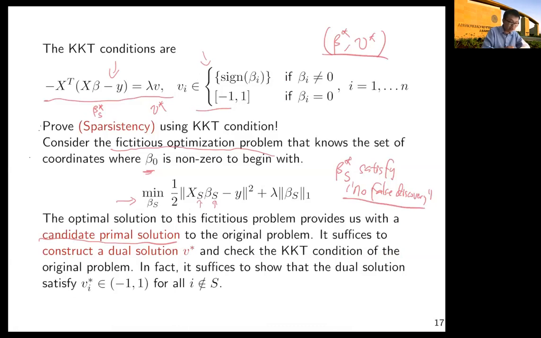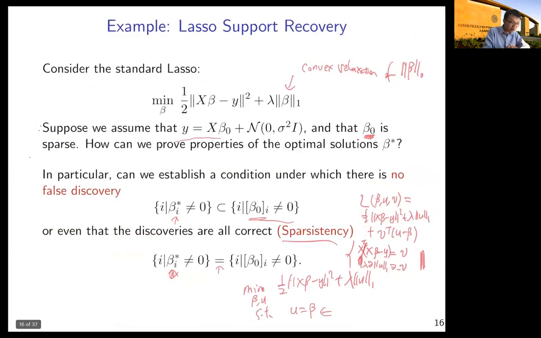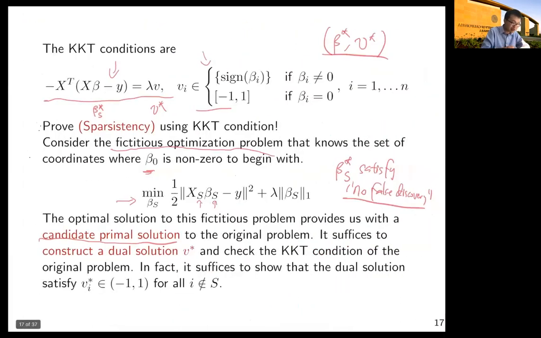And if in addition we show that for all the coordinates they hold with strict inequality, that gives us sparsistency. Notice that this is where you start to make assumptions about how the data is generated. Under this data generating distribution, and using the distributional property of this normal random variable, that's something you can clearly establish.